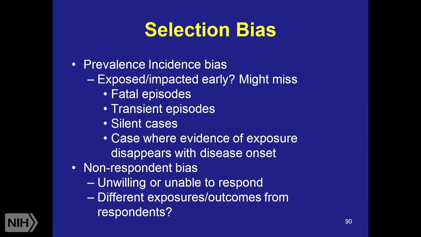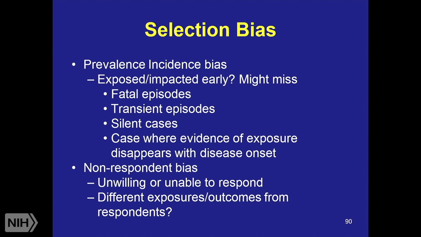Maybe I didn't know yet that it was Ebola. So even if I ask, people don't know what to call it. Transient episodes might be missed. The silent cases. If you had a silent stroke, nobody knows about it until you go in for something else and they figure it out. Cases where the evidence of exposure disappears with disease onset happen a lot more frequently than you might expect.